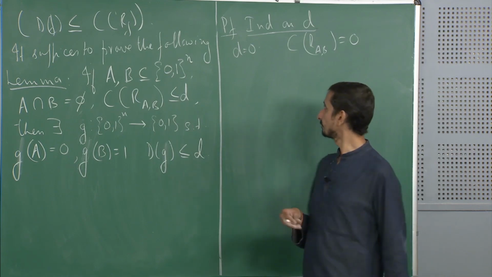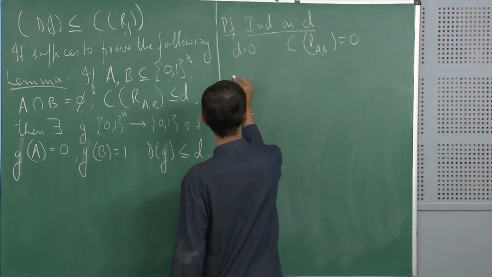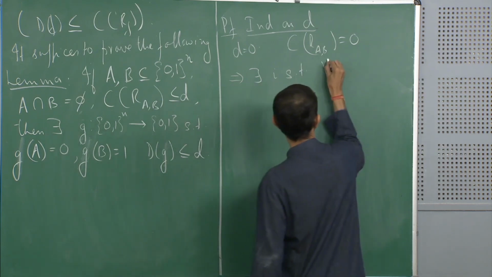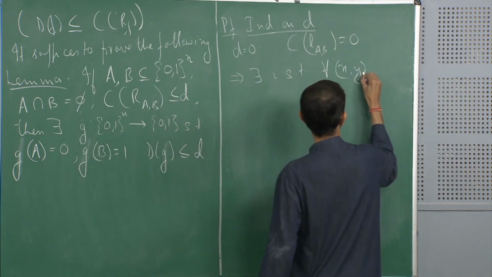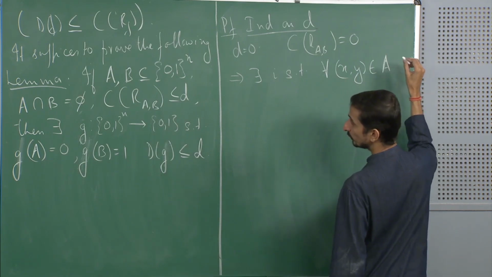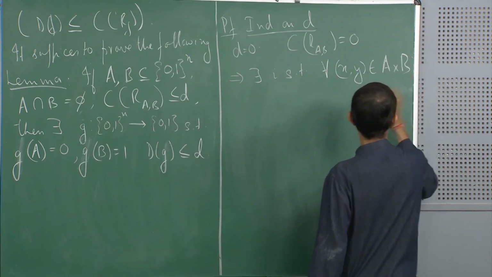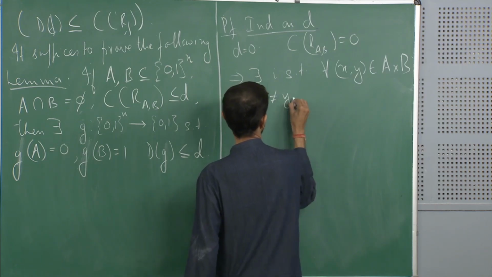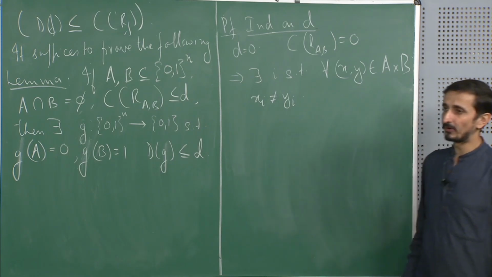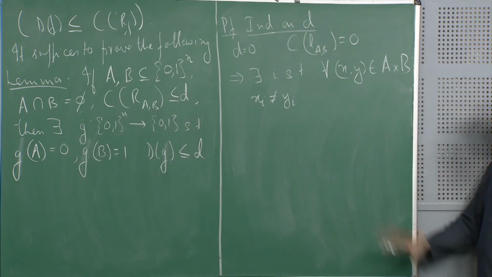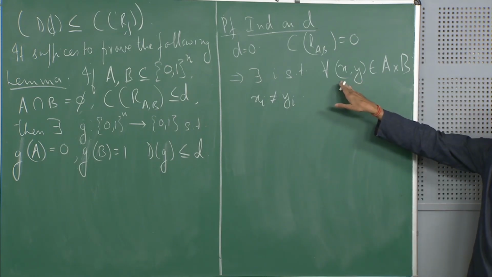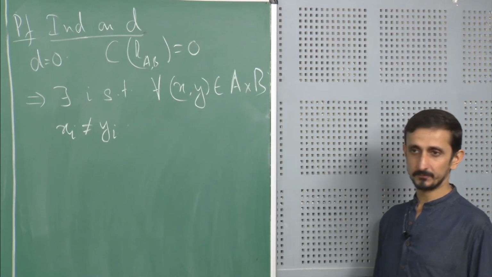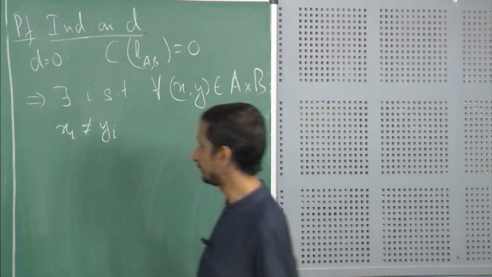Okay. So there exists I such that for all x y belonging to A cross B, xi and yi differ. Which means that no matter what x Alice has and what y Bob has, they would just output I. They don't need to communicate anything.